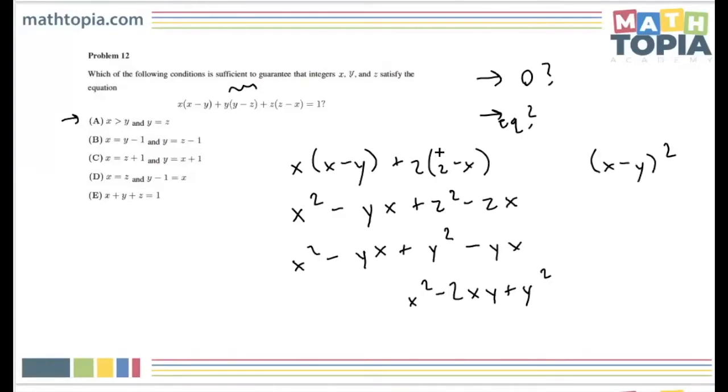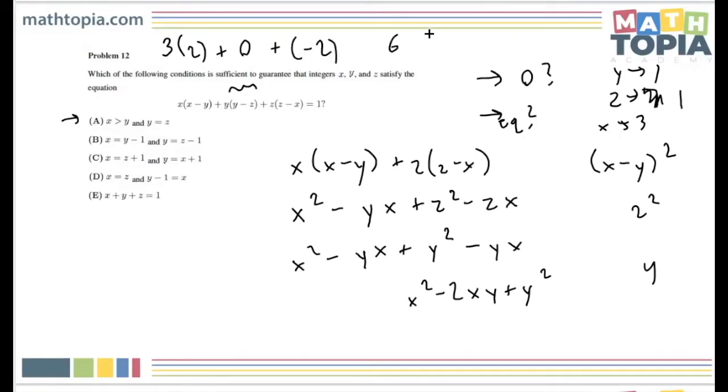But the problem is, it doesn't specify what x minus y is. For example, if we set y to 1, z to 1, and x to 3, in the end, we'll just get 2 squared, which is 4. You can plug these back in and try it. 3 times 3 minus 1, 2, plus y times y minus z, that's 1 times 1 minus 1, which is 0, plus z times z minus x, which gives us -2.